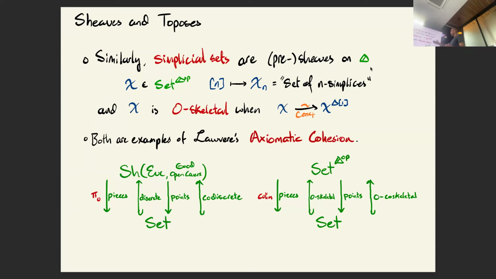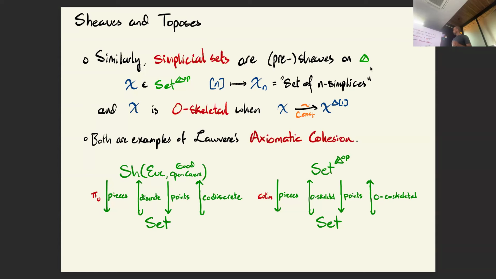So the axiomatization says that a topos is cohesive over the category of sets when it has these four adjoints here. So we can take the underlying set of points. In this case, it's evaluating at R^0. We can then have a left adjoint, which includes every set as a discrete space, and a right adjoint, which includes it as a co-discrete space, right?